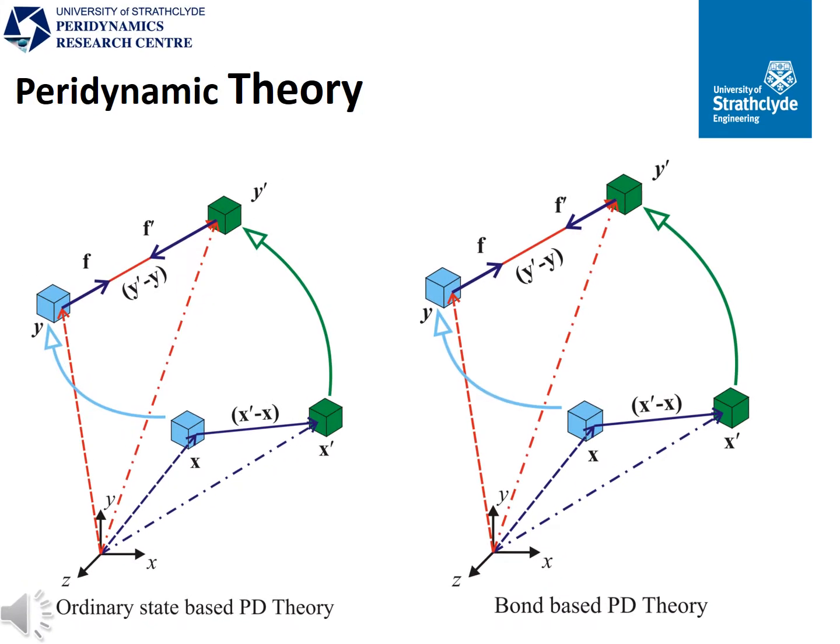If we assume that these peridynamic forces are along the interaction direction, but their magnitudes are different from each other, we call this ordinary state-based peridynamic theory. And if we have further assumption that these forces are equal and opposite to each other, we call this bond-based peridynamics. And bond-based peridynamics is simple, but it has limitations.